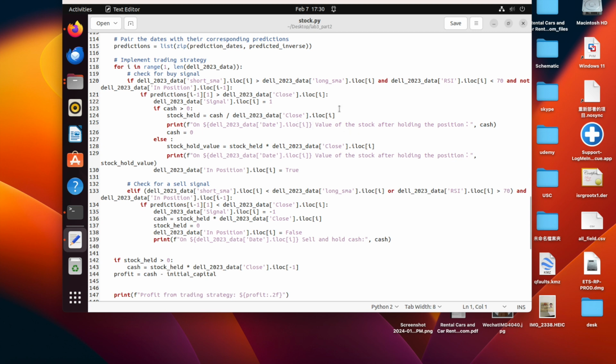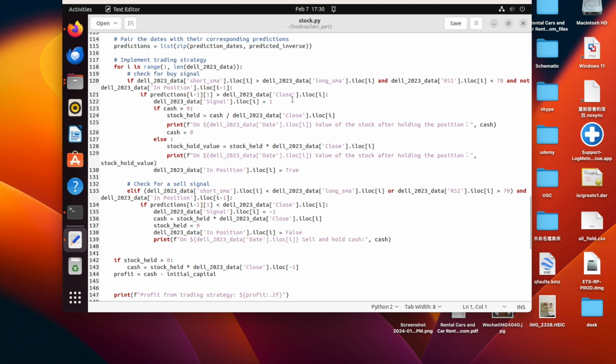And at the same time, if the RSI value is below 30, this means that the stock is undervalued. So it also increases the buying signal. At the same time, if our predicted stock price is higher than the current price, this will be another strong buying signal.